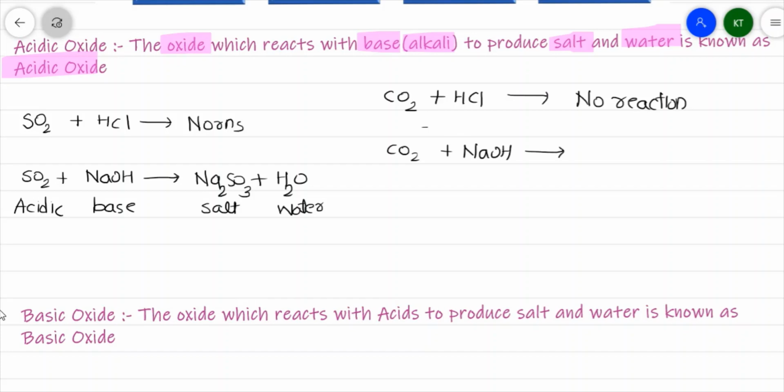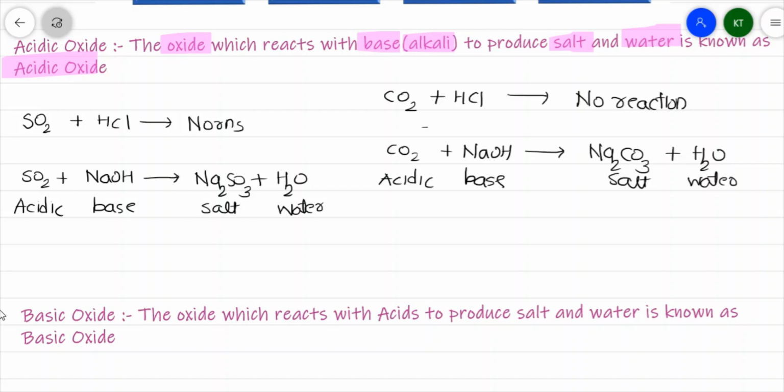But when carbon dioxide reacts with a base like NaOH, it gives Na2CO3 as a salt plus water. So a substance that reacts with a base to form salt and water, we call acidic. So, carbon dioxide is an acidic oxide.